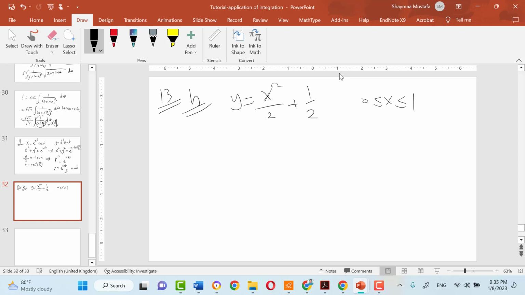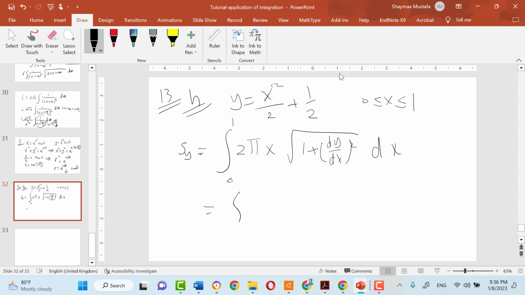We need to find the surface area revolving around the x-axis. I have the function y equals f of x and the rotation is around the x-axis, so the formula is the integration of 2 pi y times square root of 1 plus (dy over dx) square dx from 0 to 1.